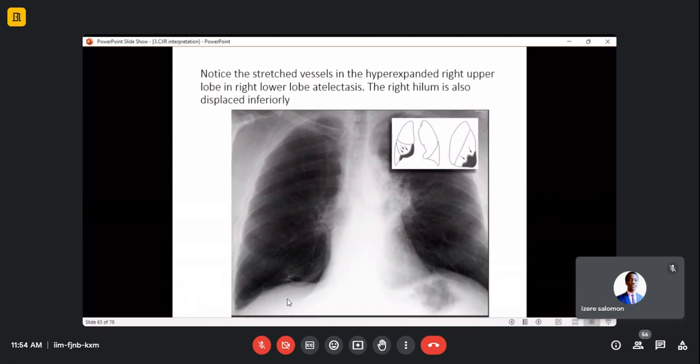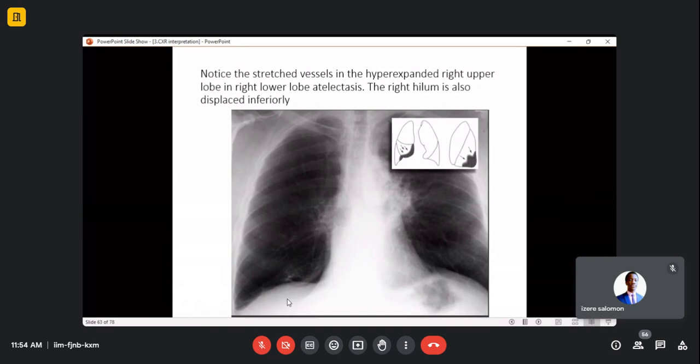Any question here? Any question? It is the same fashion as the left lower lobe. Okay, correct question. Go ahead.